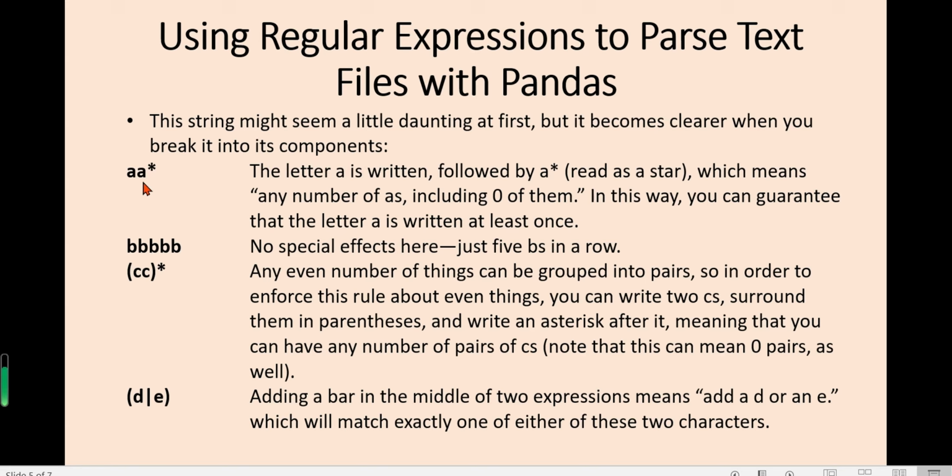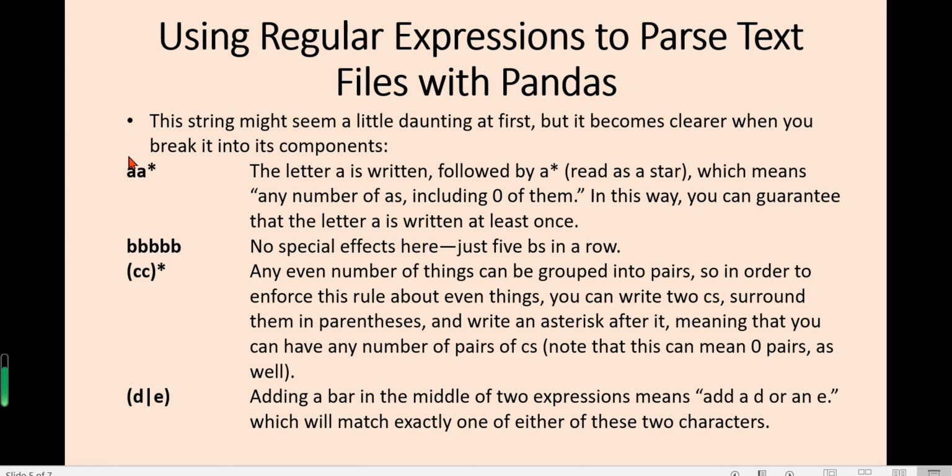The first A is written once. Followed by A asterisk, which means any number of A's including 0, maybe no A's, maybe 10 A's. In this way, you can guarantee that the letter A is written at least once.